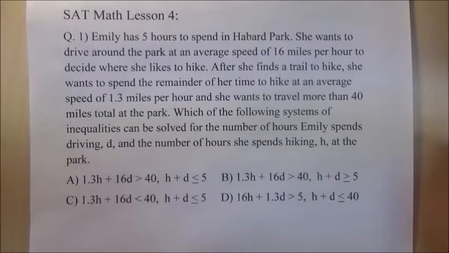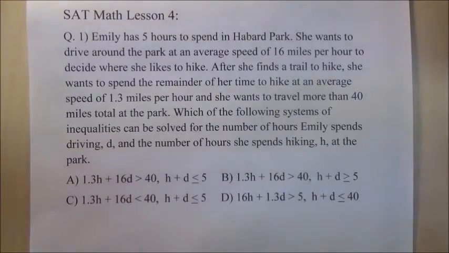After she finds a trail to hike, she wants to spend the remainder of her time to hike at an average speed of 1.3 miles per hour, and she wants to travel more than 40 miles total at the park. Which of the following systems of inequalities can be solved for the number of hours Emily spends driving, D, and the number of hours she spends hiking, H, at the park?